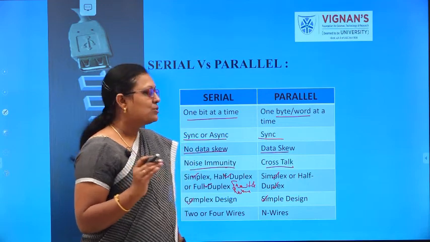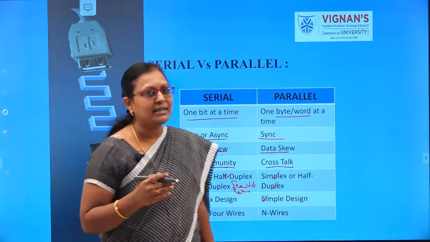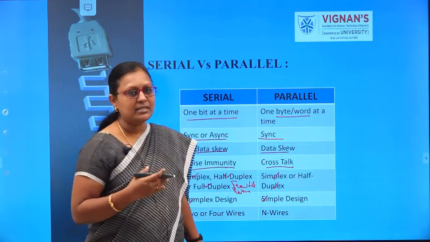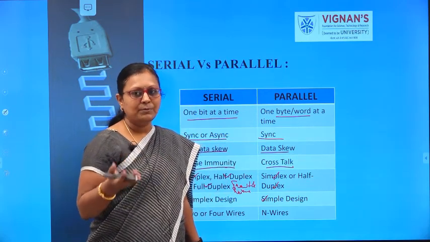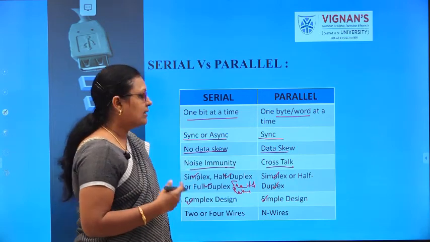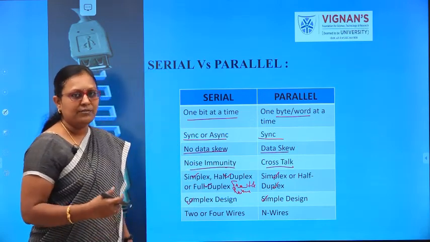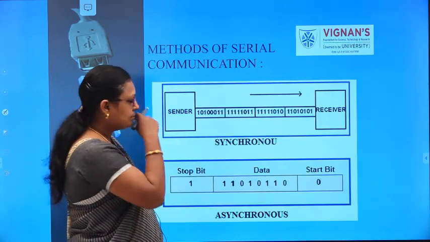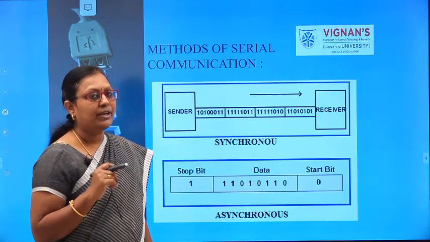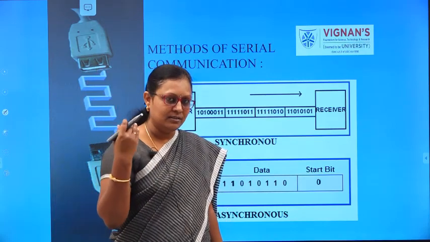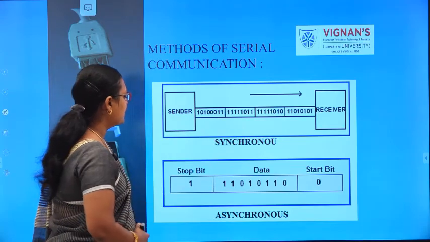The best examples of serial communication are the mobile charger and all USB devices; everything like that comes under the serial communication technique. Clear? I told you that we have two methods of serial communication: the synchronous mode and the asynchronous mode.